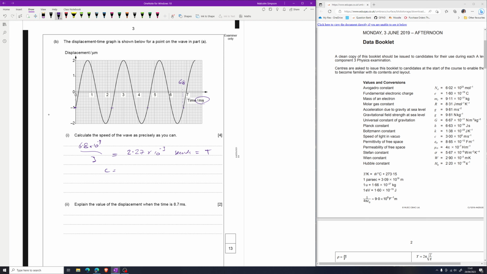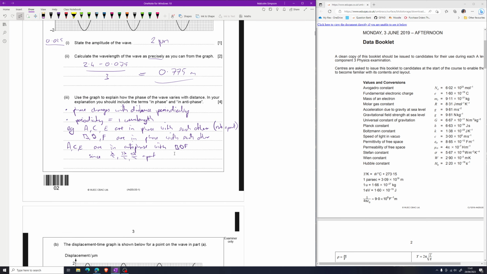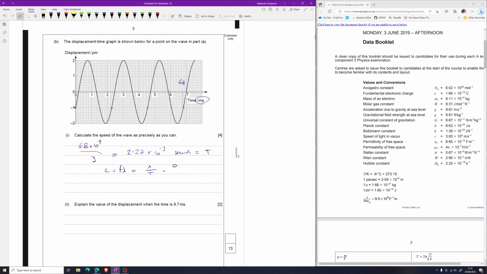Speed, c equals f lambda equals lambda over T. So I can't remember what the wavelength was. 0.775. Check that in my calculator. 341.9, so 342 meters per second.